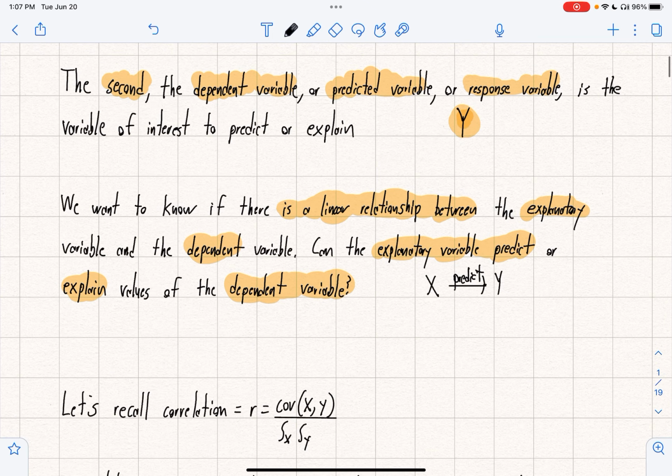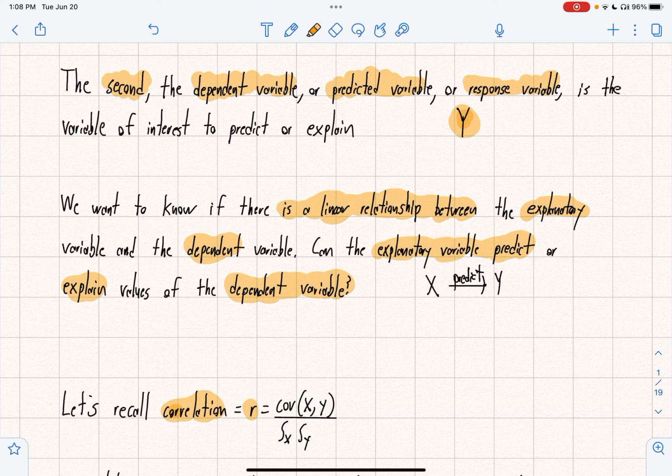So let's actually go back. This is chapter 3, I believe. We discussed the idea of correlation, which we just called R. And it's the covariance between x and y divided by the product of their individual standard deviations. So the standard deviation of x times the standard deviation of y.